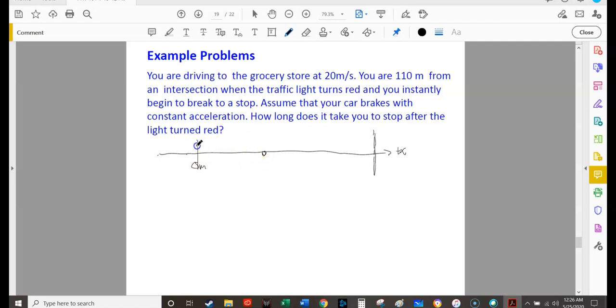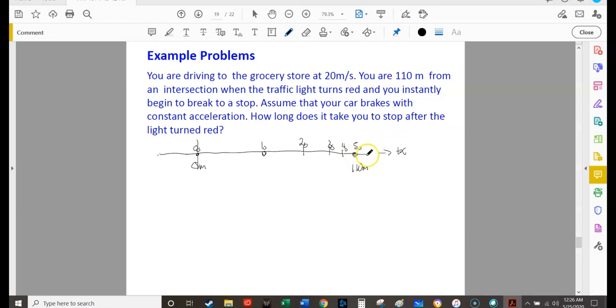Here at the 0 second mark, we're right here, and then here's the 1 second mark, 2 second mark, 3 second mark, 4 second mark. I'm just putting times there; I don't know if those times are actually real. Let's just say I'm going to move our intersection to be right here at the 5 second mark, and this is 110 meters away.